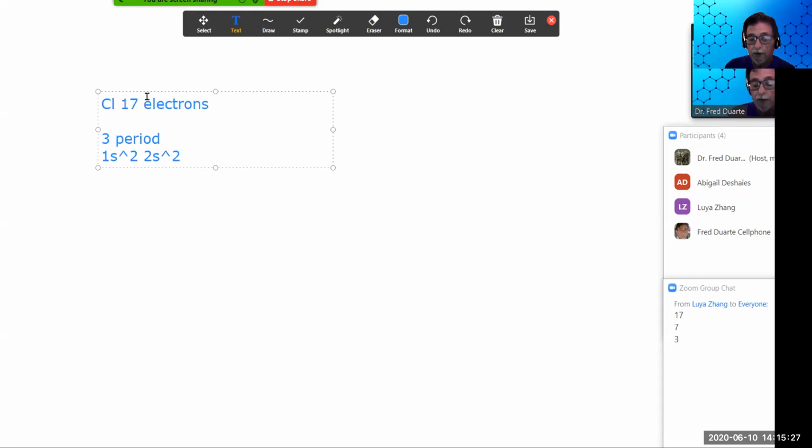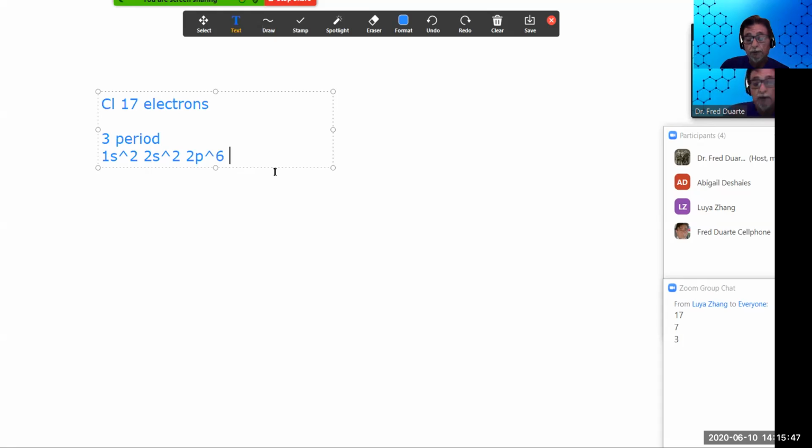We go all the way across the periodic table, which means the p electron orbits get full. So there's 6, and we have a total so far of 10 electrons taken care of.